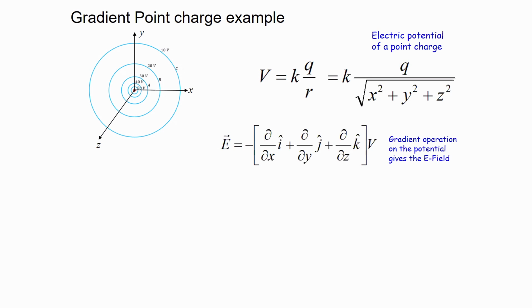So that's what we'll do. If we take the partial with respect to x of the function which describes the electric potential, we get the following relationship.